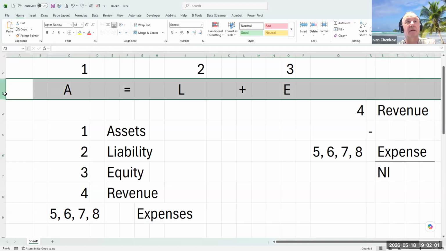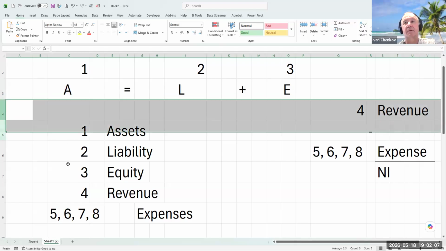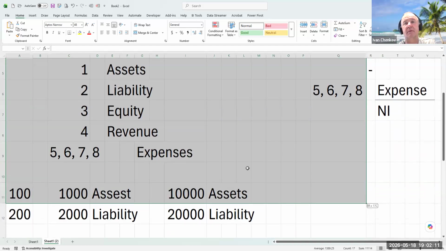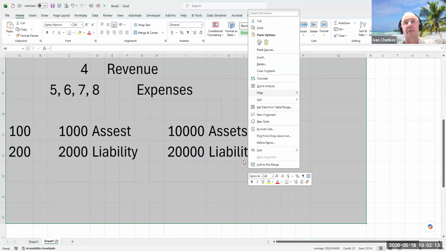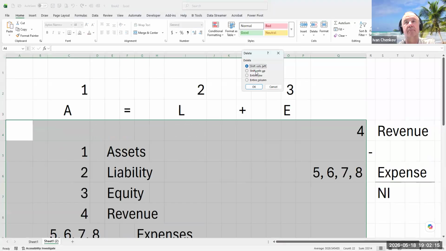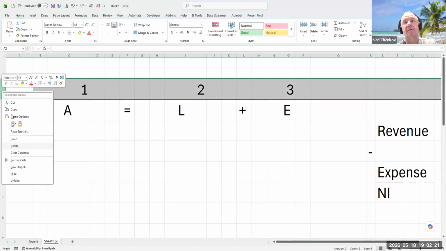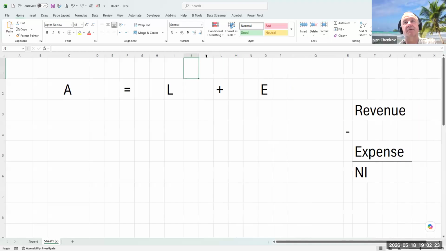When we start with the accounting equation, let's move to the next worksheet. Now those numbers are irrelevant. Let me erase them. The accounting equation is always going to be essential, always going to go first.